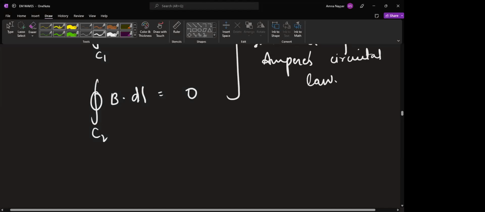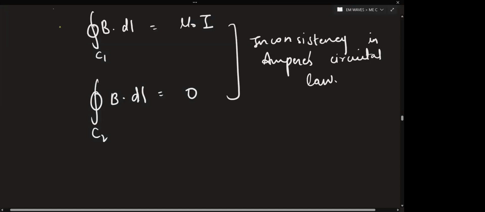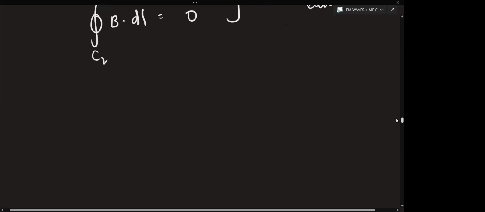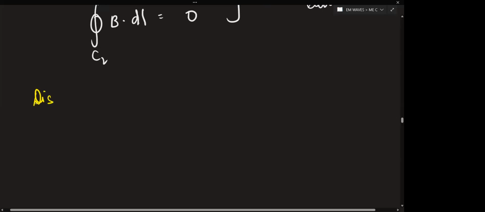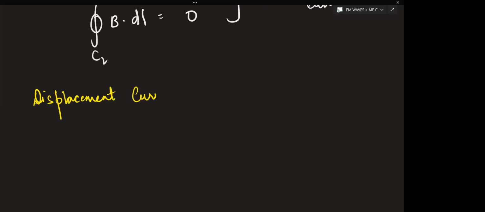So Maxwell modified the Ampere circuit law. There were certain modifications that he made. The first thing that he introduced was the concept of displacement current. There is a conduction current. Conduction current is a normal DC current that is produced in the circuit. Any current apart from the main conduction current, you call it the displacement current.